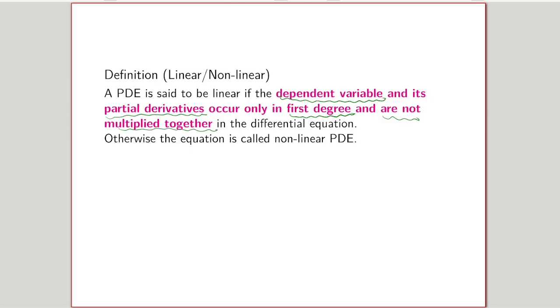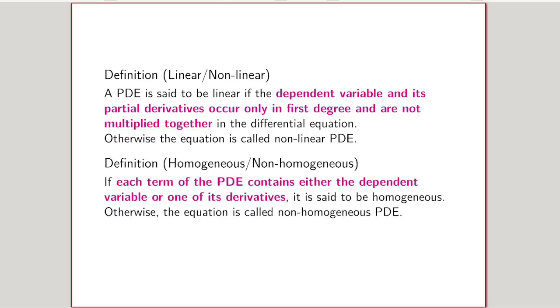Otherwise, the equation will be said to be a non-linear PDE. So the next definition is homogeneous or non-homogeneous PDE. If each term of a PDE contains either the dependent variable or one of its derivatives, it is said to be homogeneous. Otherwise, the equation is called a non-homogeneous PDE.